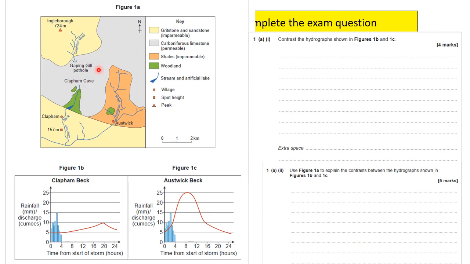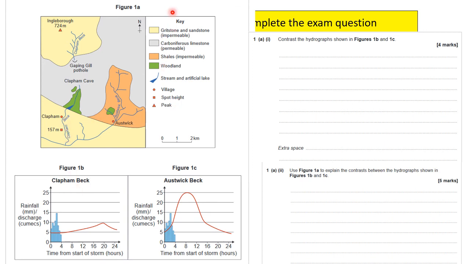I've got woodland, and woodland is going to increase interception, and might increase transpiration rates, although it's mainly to do with interception. My guess would be that that would be in the slow onset one, and yep, I'm right. A stream, well, they're both streams. Artificial lake suggests perhaps there's man-made management there, and again, I would guess that's in the one with the slow onset, and I'd be right.